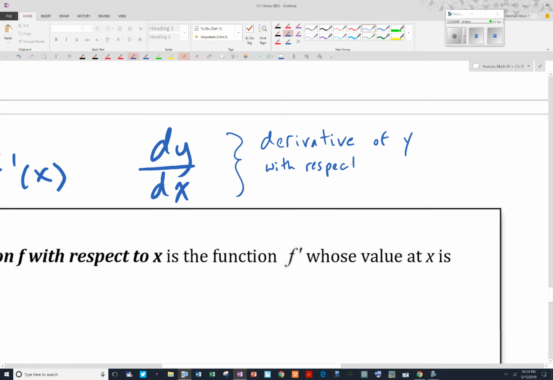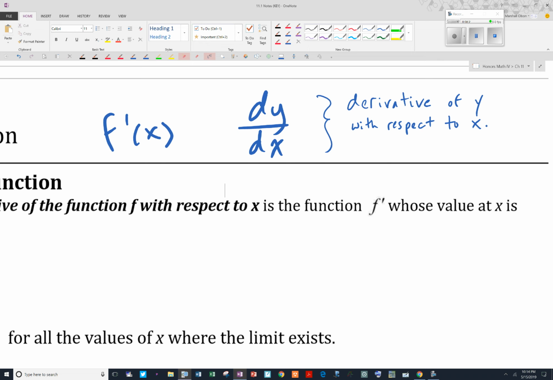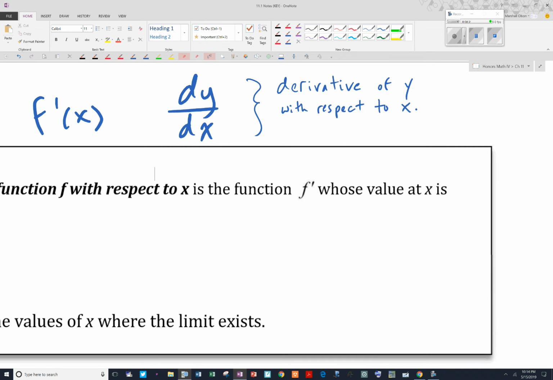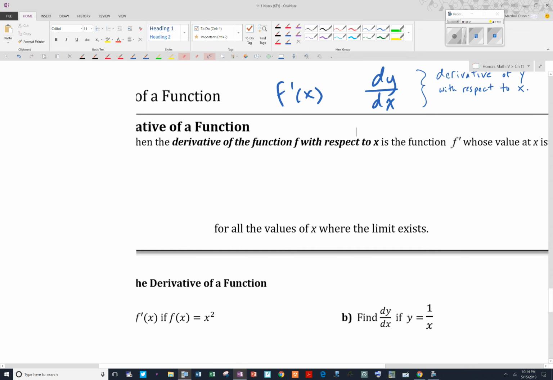Basically, you're naming your dependent and independent variables here. The notation has both variables in it, which can be useful in some cases. These are going to be the only two notations you see in our book. There are more, but these are the two that you're going to see as you're going through our pre-calculus problems. And they both mean the same thing.